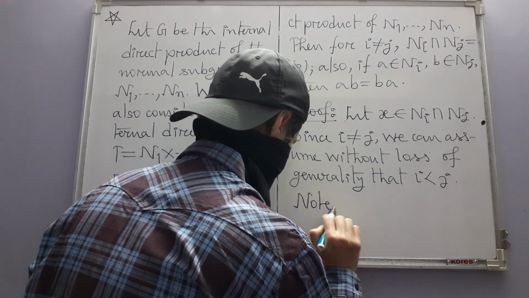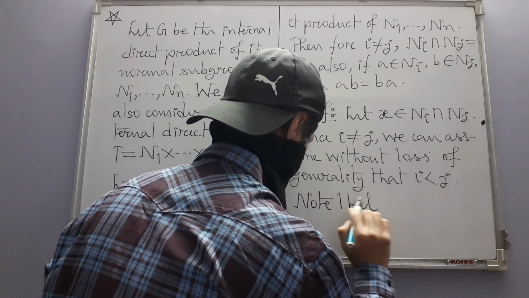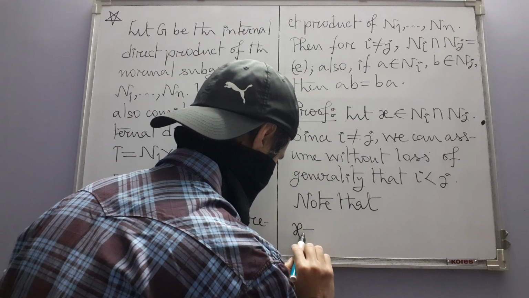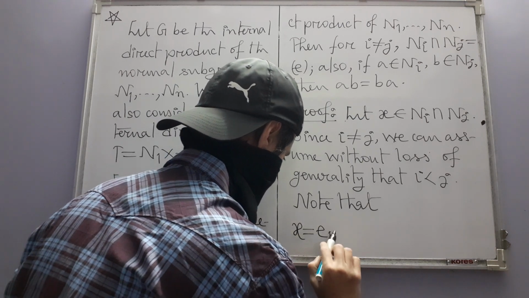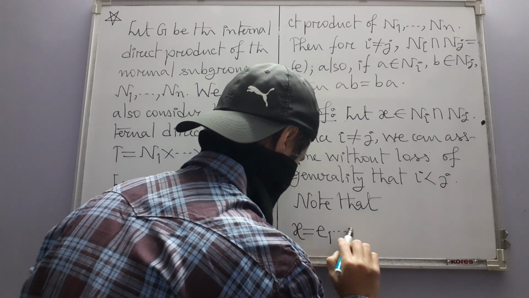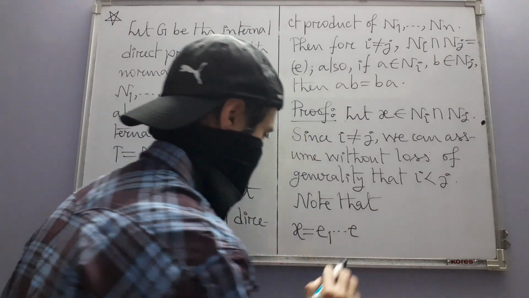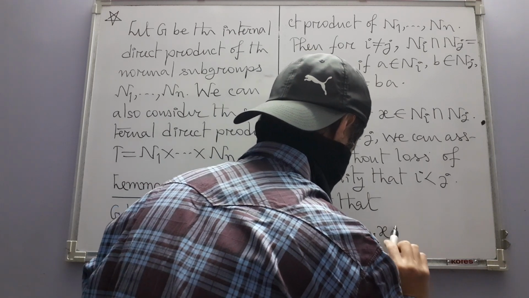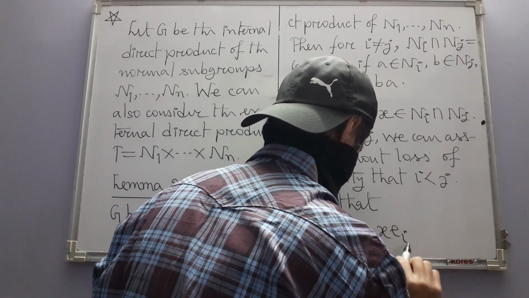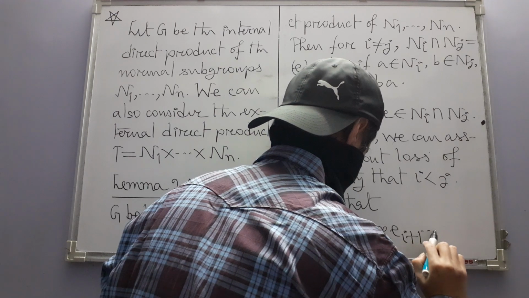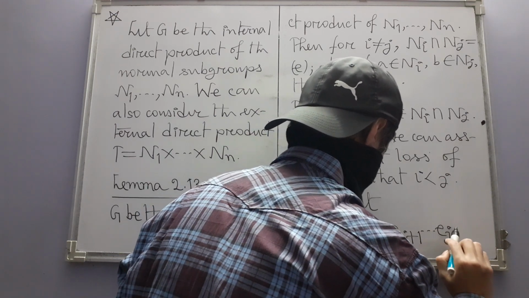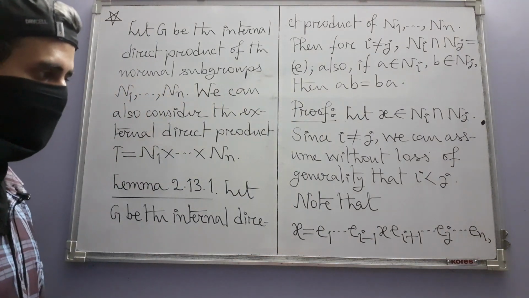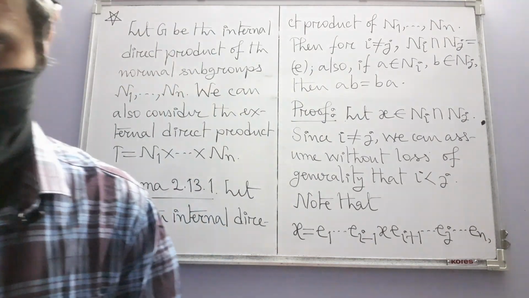Now note that x can be written like this: e1, e2, e3, and so on, e_{i-1}, x, e_{i+1}, up to e_j, up to e_n. Now we need to say what these e's are.